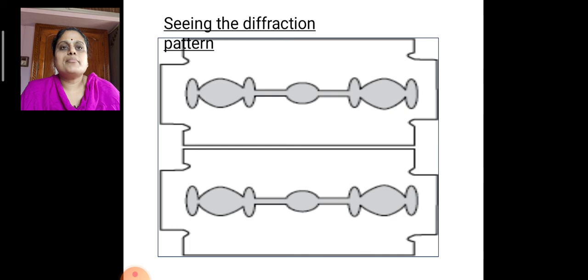The diffraction pattern can be seen by observing the light from a laser beam when it is passed through the small slit between two razor blades and placing a screen on the other side.